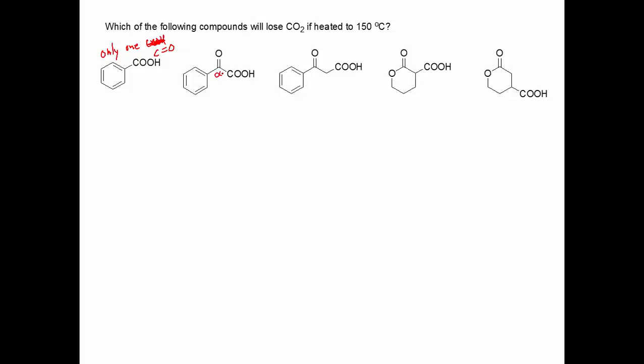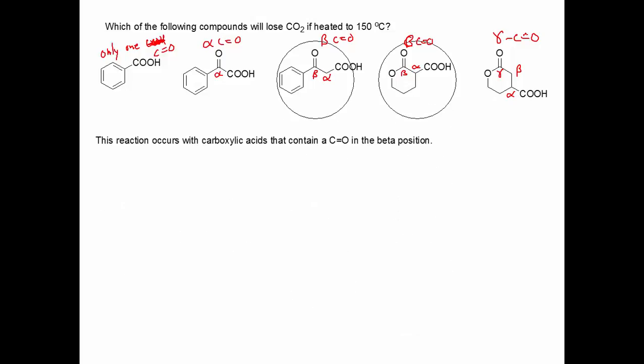This one has an alpha C double bond O. This one has a beta C double bond O. And this one has a gamma C double bond O. So we only select the ones that have the beta C double bond O's, and for each of these compounds we could reasonably anticipate that if we heated them to a temperature not all that high, we would lose carbon dioxide from these molecules and get the decarboxylation product.